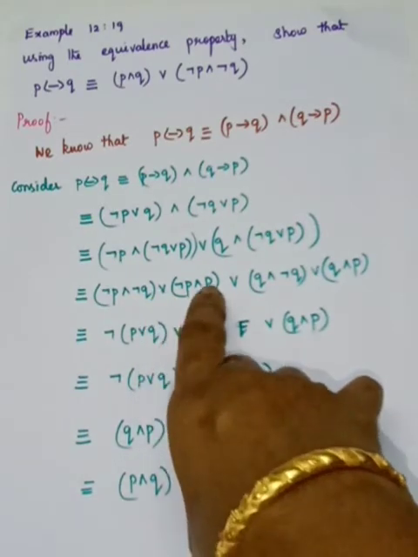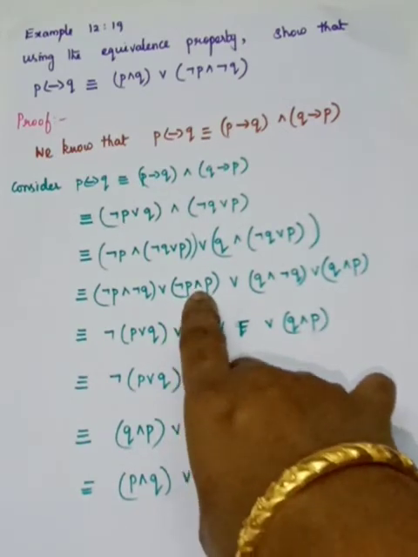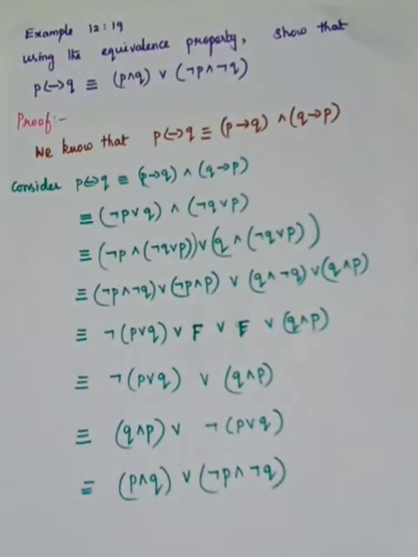Whereas you see that the statement and its negation. So in between you are having and. So it is called complement law. So what is it? It is called the complement law. So for that and is there. So and means you have to use F. Okay.